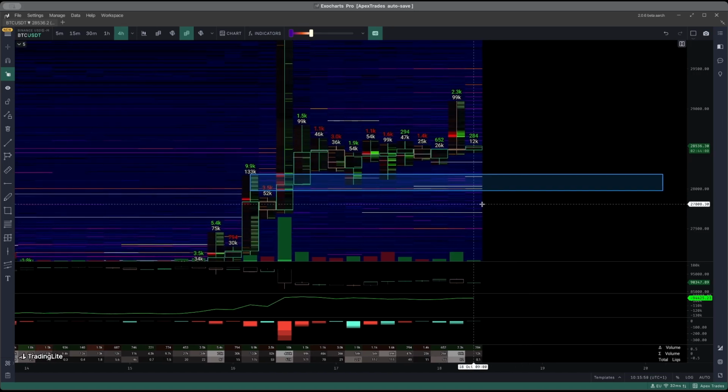And so you can see we've got some nice zones here that have been tapped twice actually. This candle came in, tapped it, price moved away, came back down, tapped the zone again.